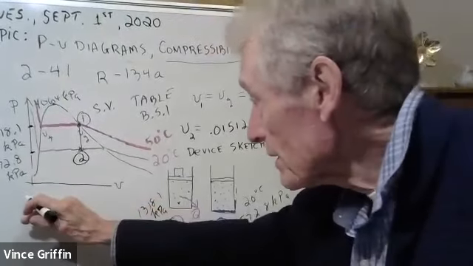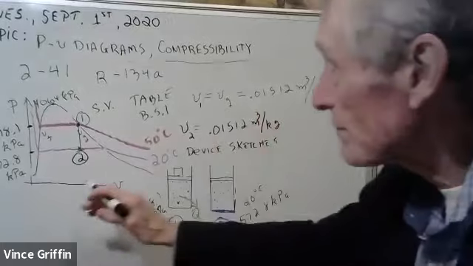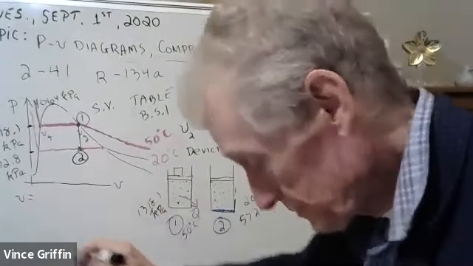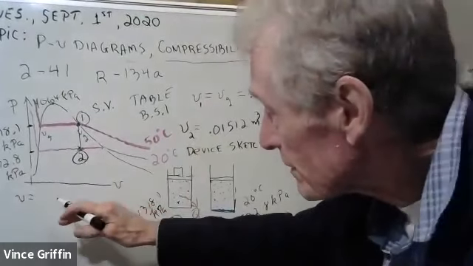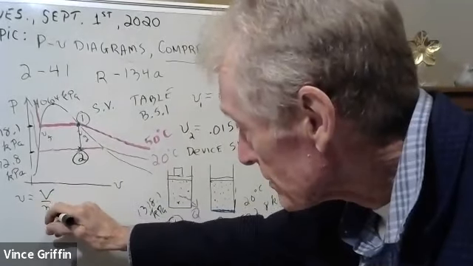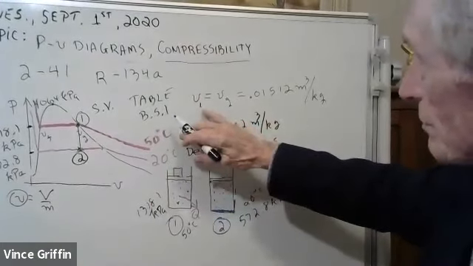Now here's the thing. We know what the specific volume is. And the specific volume is equal to the volume divided by the mass. Now we know what the specific volume is. We got it. This is the volume at 1.